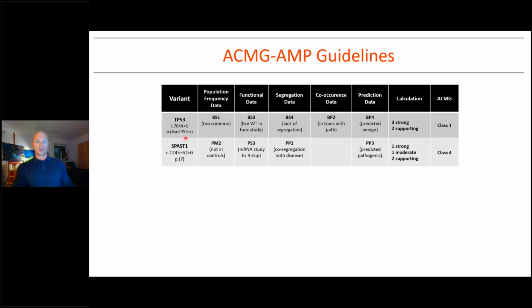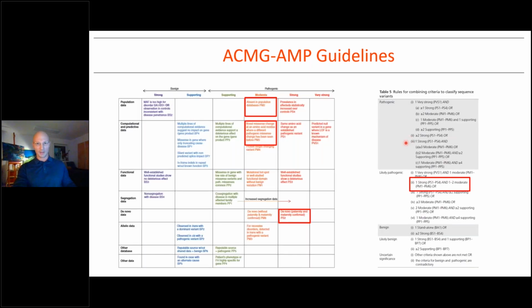And this is an example just to show you one class 1 in the TP53 gene and in the SPAST gene a class 4. And it's not that rare that the molecular biologist makes all the variant interpretation properly, but at the very last point of calculating the evidence codes together, especially if you adjust one evidence code, maybe come one slide back, I forgot to mention that almost every one of these specific codes can be adjusted in strength according to expert knowledge or published rules.